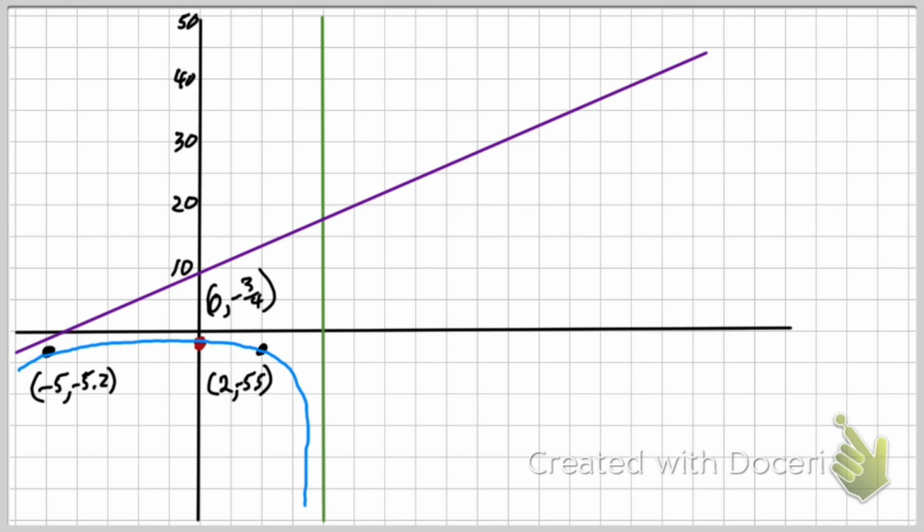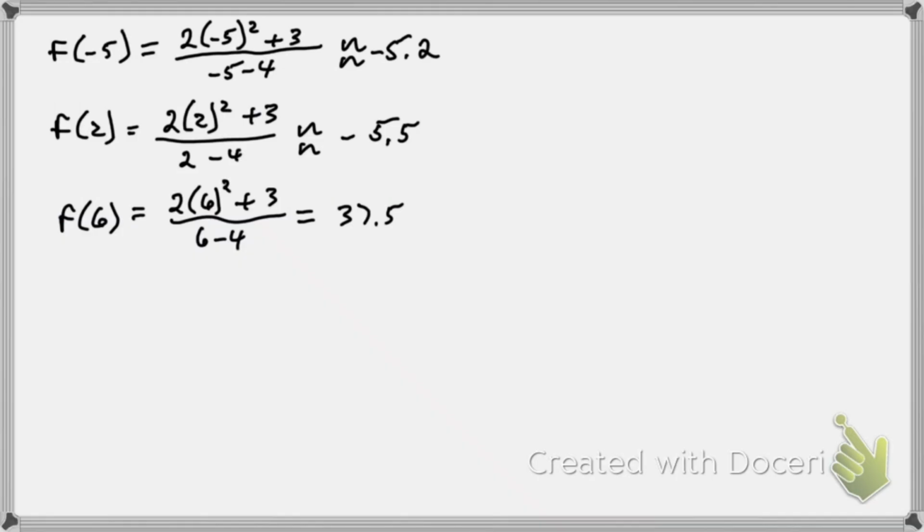So let's see what's going on to the right of our vertical asymptote. Pick a number out there. I chose 6. So when x is 6, y is 37.5. I went ahead and picked another one at 10. When x equals 10, y equals 33.8.